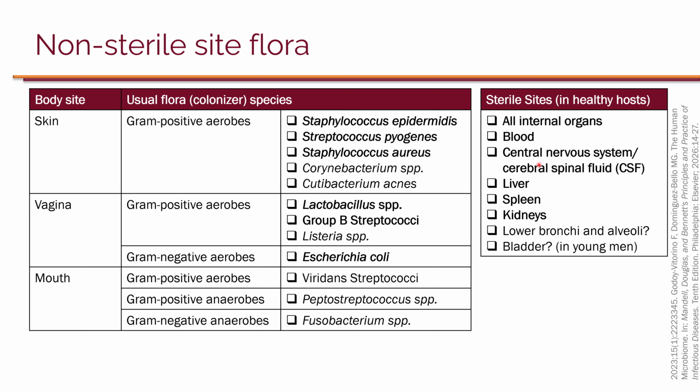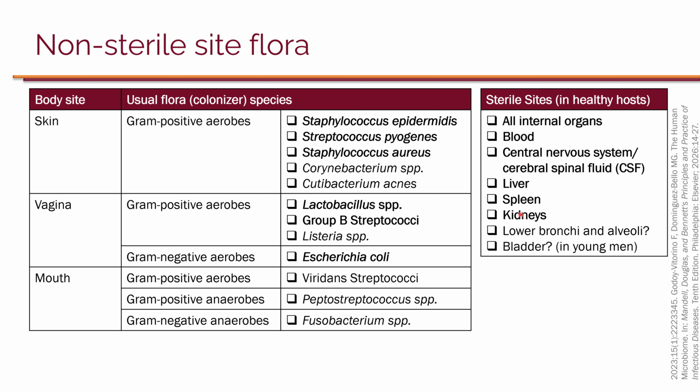The same is true with the central nervous system, cerebrospinal fluid, or CSF, liver and spleen. In fact, the liver and the spleen have a role in clearing the blood; if bacteria make their way into the blood, the liver and the spleen have a role in clearing them.